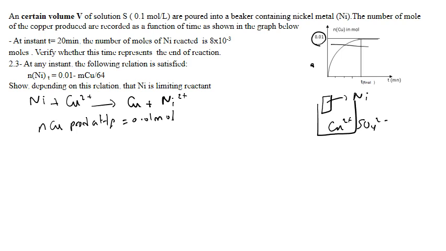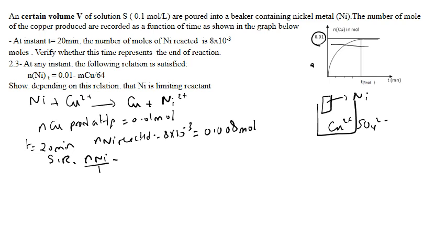The question is, time equal 20 minutes. At this time, the number of mole of Ni reacted after 20 minutes is equal to 8 times 10 to the power minus 3 mole, which is equal to 0.008 mole. Does this time represent the end of reaction? To know if time equal 20 minutes is the T final, we have to make a stoichiometric ratio between number of mole of Ni and number of mole of copper produced. According to stoichiometric ratio, N of Ni over 1 equal N of Cu over 1, since the coefficients are 1.